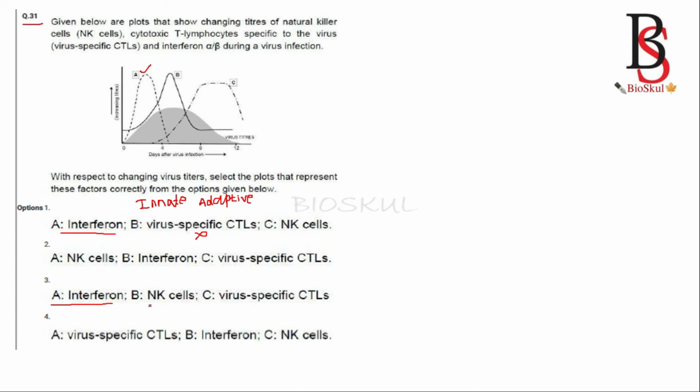And B is the natural killer cell. Natural killer cell is a non-specific cell, so B represents the natural killer cells. And C, with adaptive cells, is the virus-specific cytotoxic T lymphocyte, CTL. So the correct answer for this question is option 3.